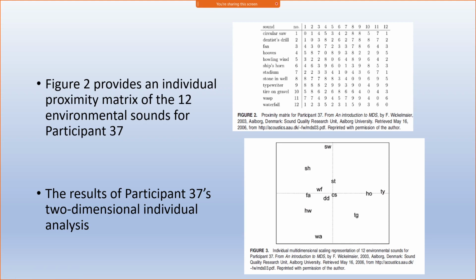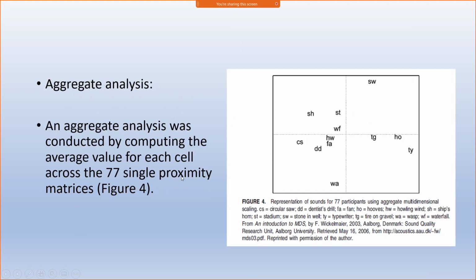37 participants. You can average the results from the 77 participants or subjects. So what you do is aggregate multidimensional scaling.